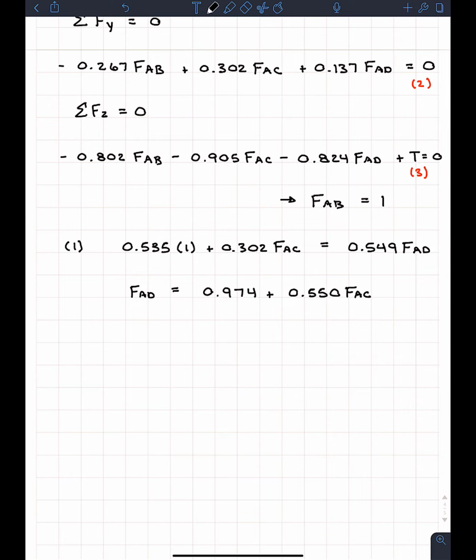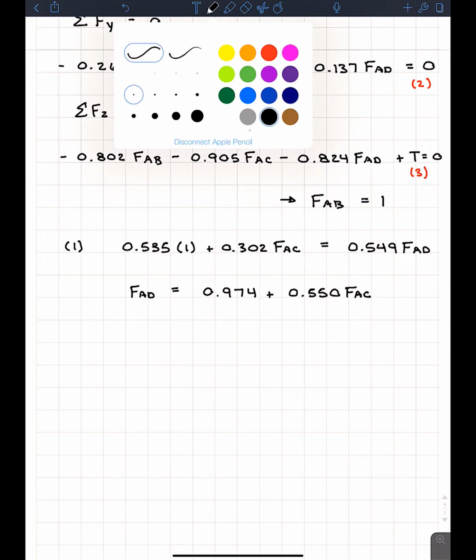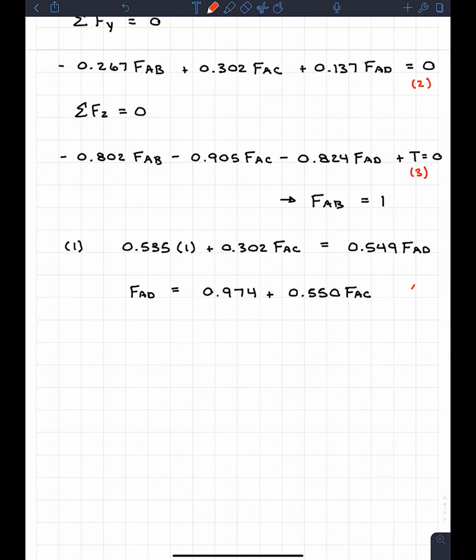Where does that 0.550 come from? That's just 0.302 divided by 0.549. This is going to be equation 4.